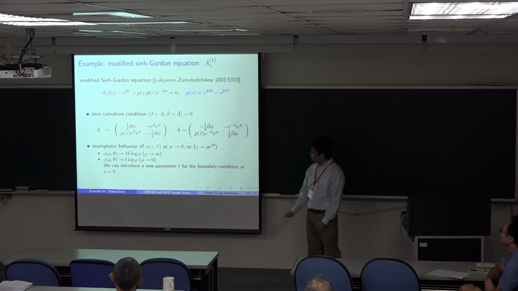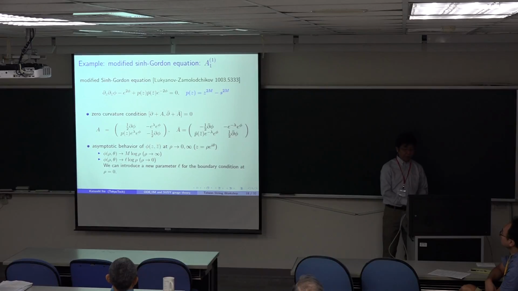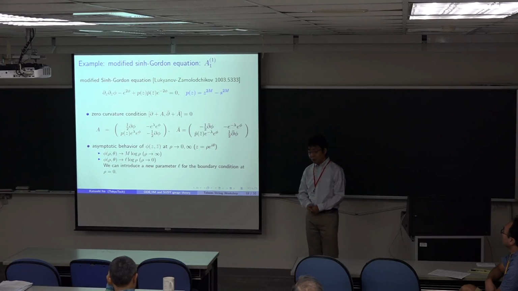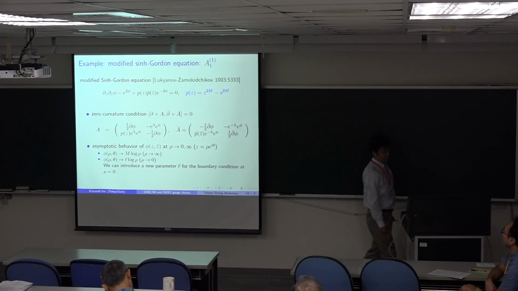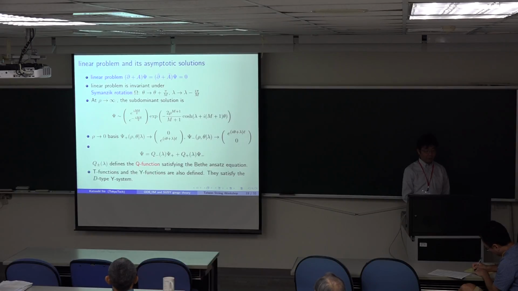And so we can introduce a new parameter L for the boundary condition. We solve the linear problem, considering the linear problem with this boundary condition for the solution of the modified affine Toda equation.